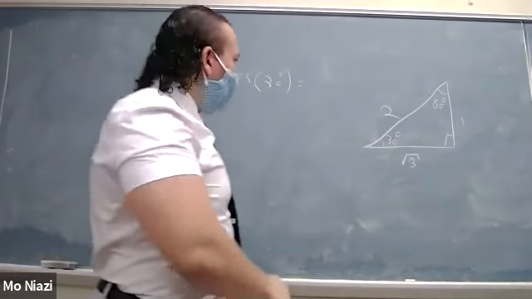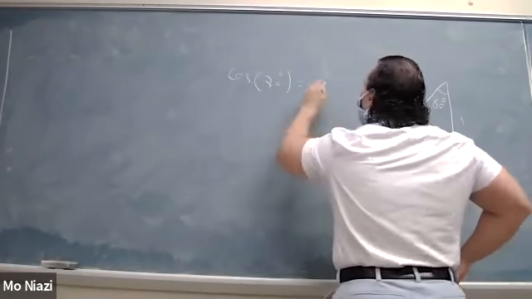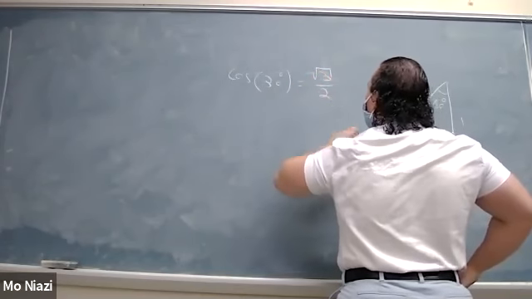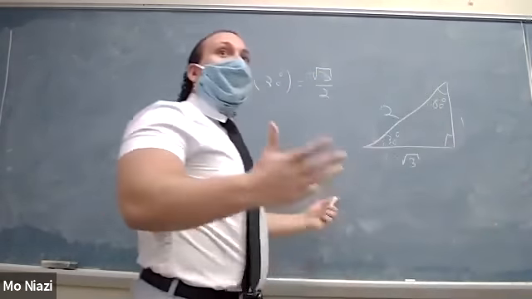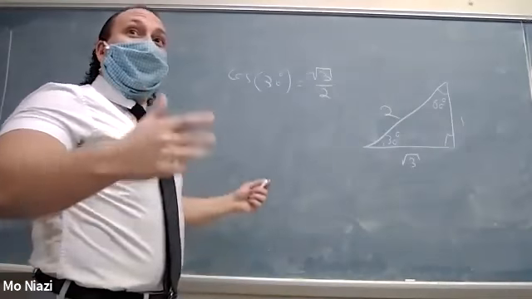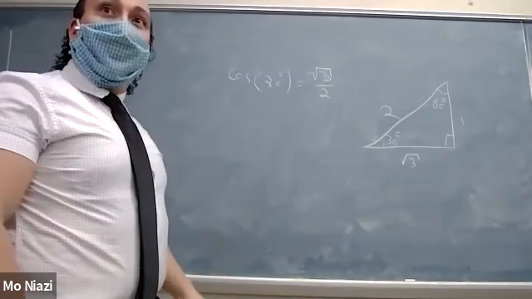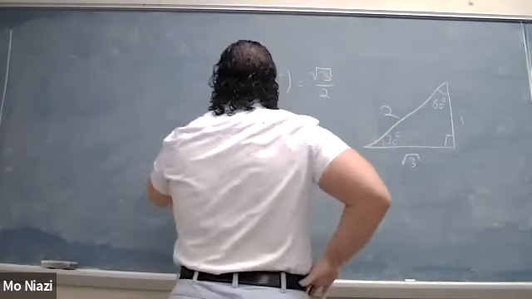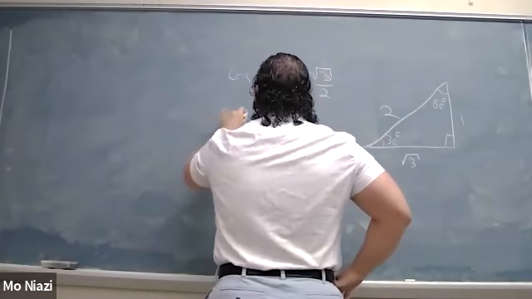Square root of 3 over 2? Why? That's that. That's that. And that's that. Right? What's the sine of 30?